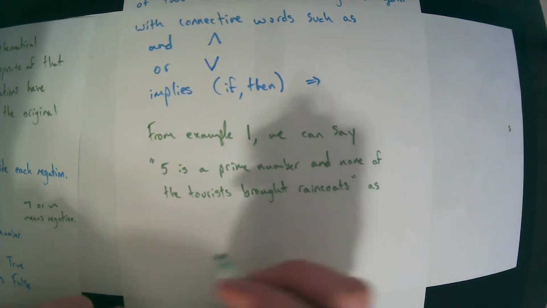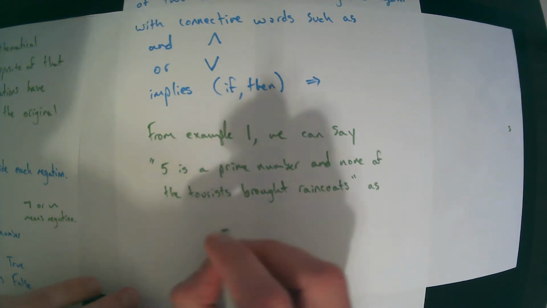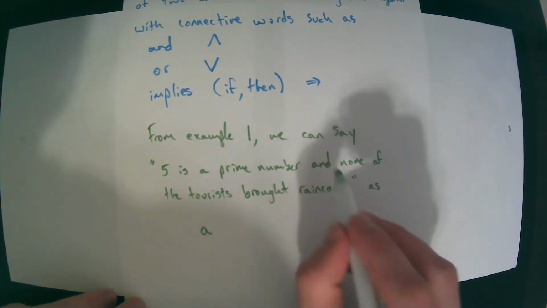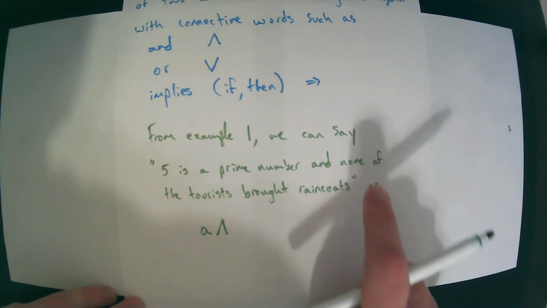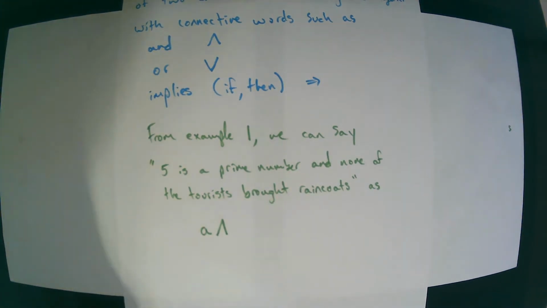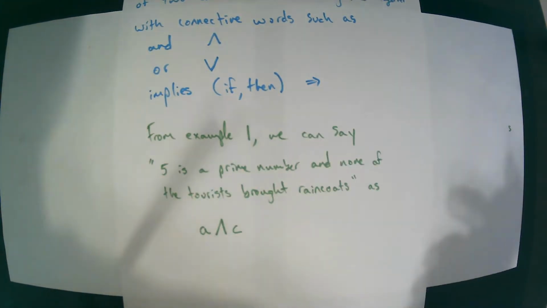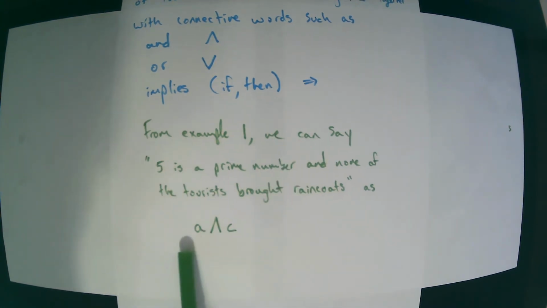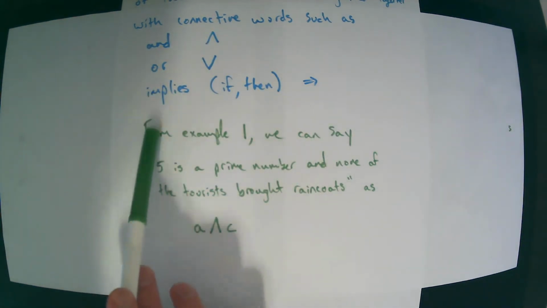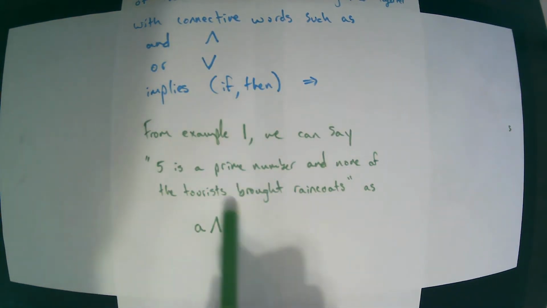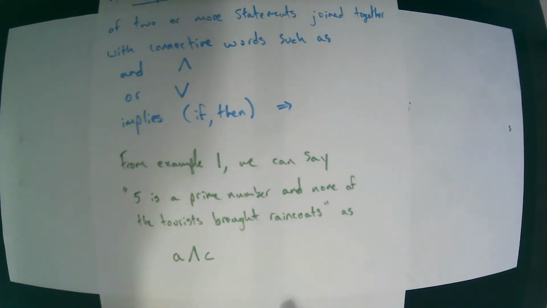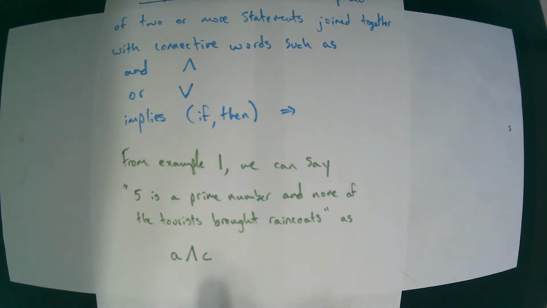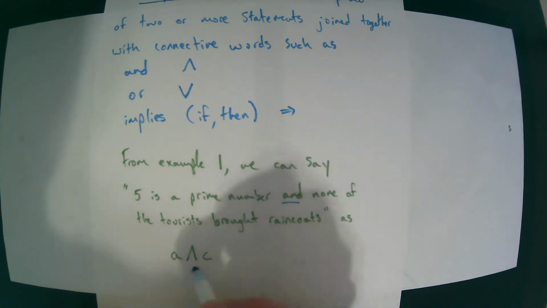We can say this, or more simply, as A and C. We use the letter A to denote that 5 is a prime number. And then there's the word and connecting the statements. And then none of the tourists brought raincoats, we called that the letter C. So there we go. So you can see how naming the statements with variables and letting each of these connective words have a little symbol makes writing statements, compound statements in particular, much simpler, much easier to write down. So the and is right there.